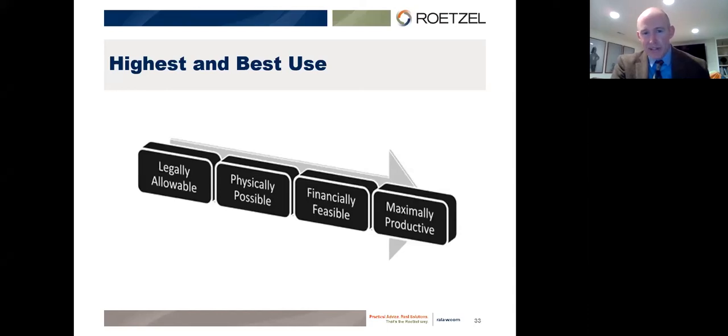The standard for what is the highest and best use is what's legally allowable, physically possible, financially feasible, and maximally productive. So if it checks all those boxes, that's the use that the appraiser is going to look at and value the property based on.